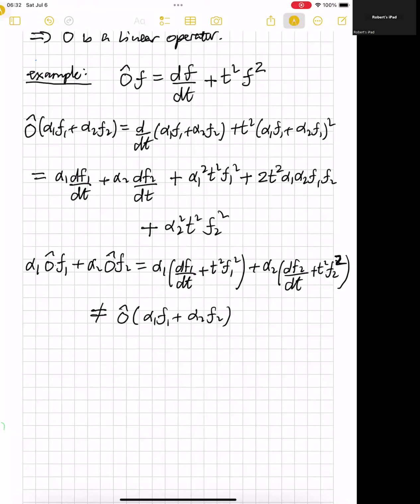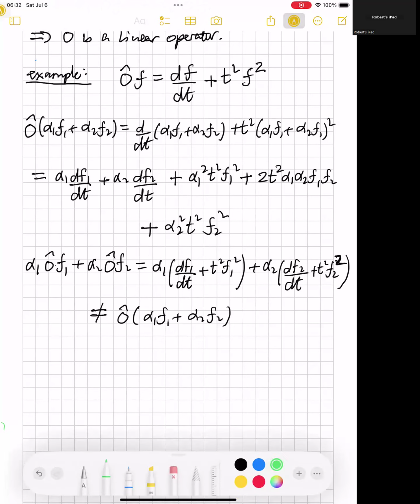Let's just see that, okay? So let's first of all look at the terms that do match. Well, here we've got an alpha 1 df1 dt, and that matches against this alpha 1 df1 dt. Then sitting over here, we've got an alpha 2 df2 dt, and that'll match against this alpha 2 df2 dt. So those two terms are the same in the two expressions, and notice that this is the piece of O hat that's linear.